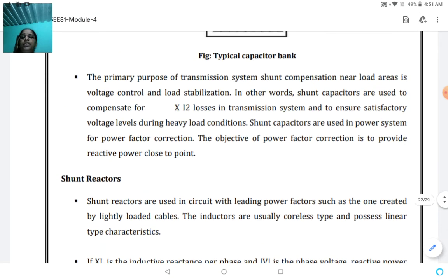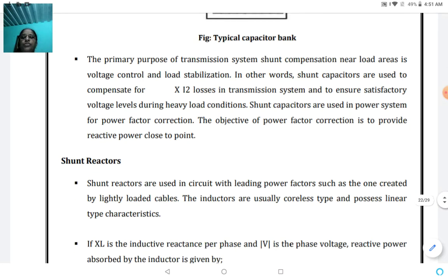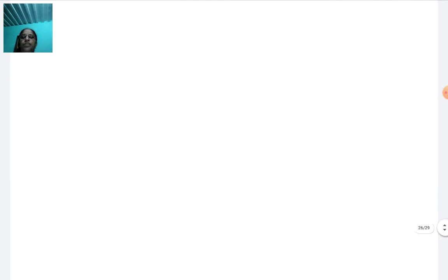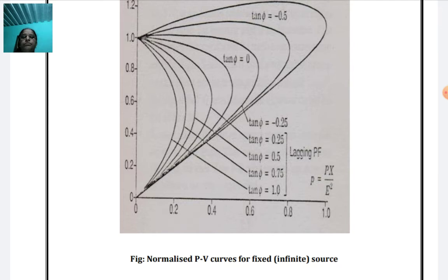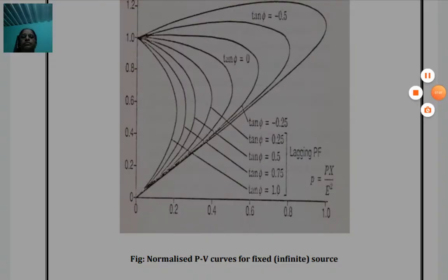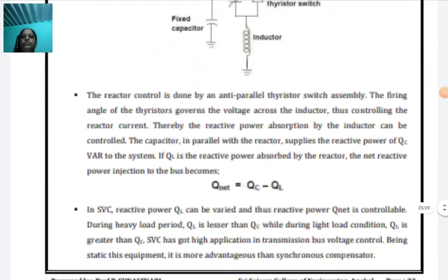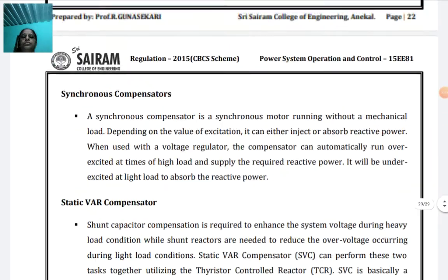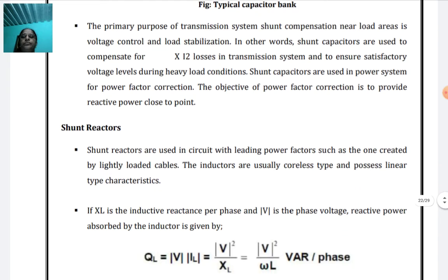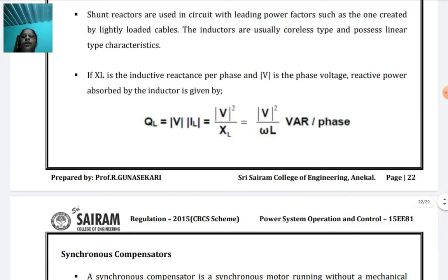Now shunt reactors. For the shunt reactor circuit, the formula is QL equals modulus of V into modulus of IL, that is modulus of V squared divided by XL.